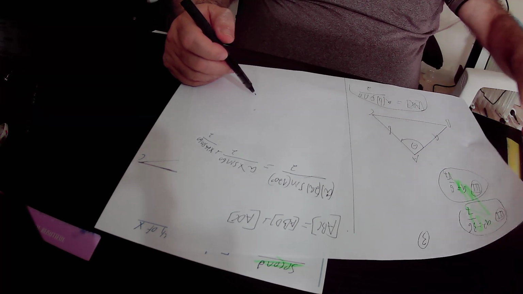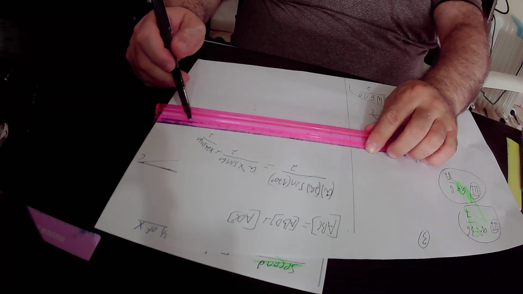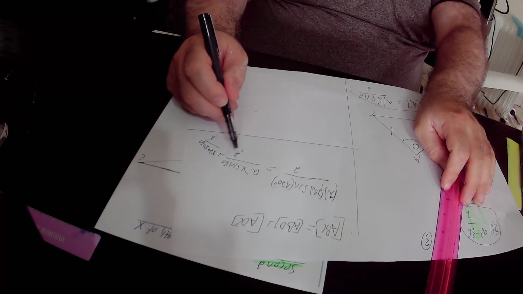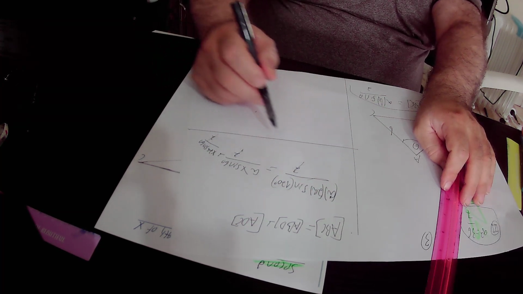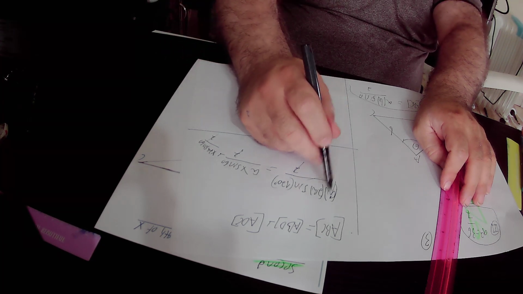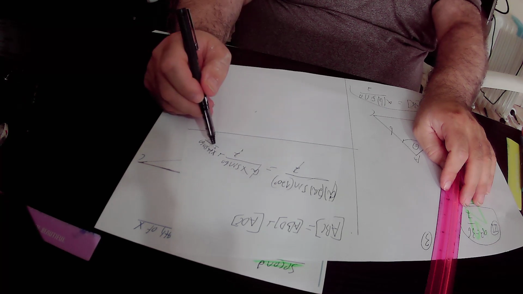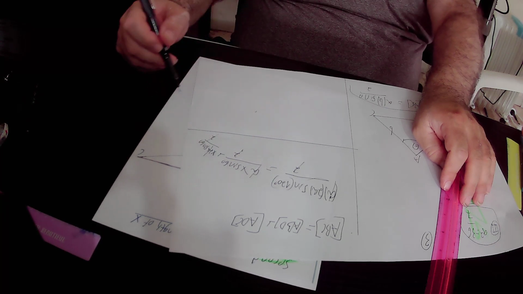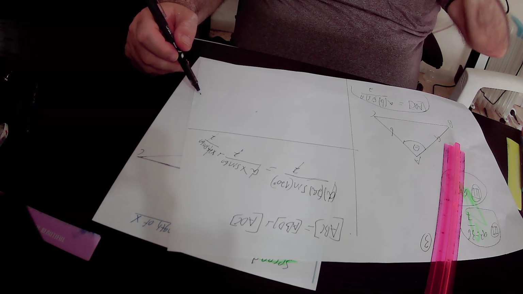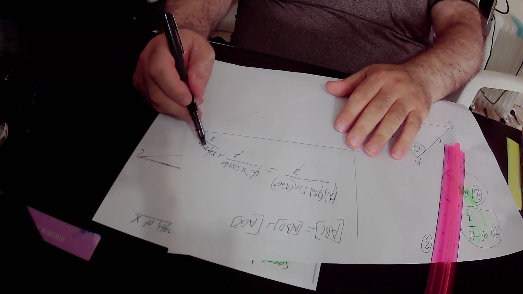So here we have 2 on both sides of the equation, so 2 will get cancelled. We have a on both sides of the equation, so a will also get cancelled. And we know that sine 120 degrees equals sine 60 degrees, so sine 60 degrees will also get cancelled.